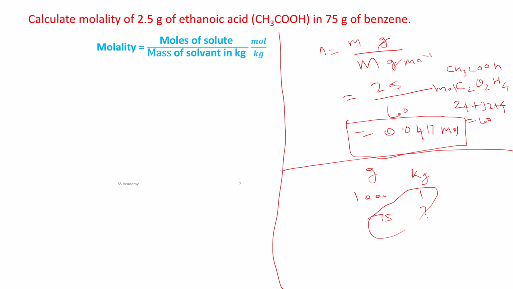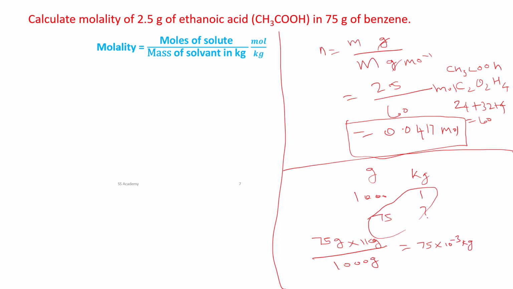So we will get 75 gram into 1 kg divided by 1000 gram, which is 75 into 10 to the power of minus 3 kilogram.